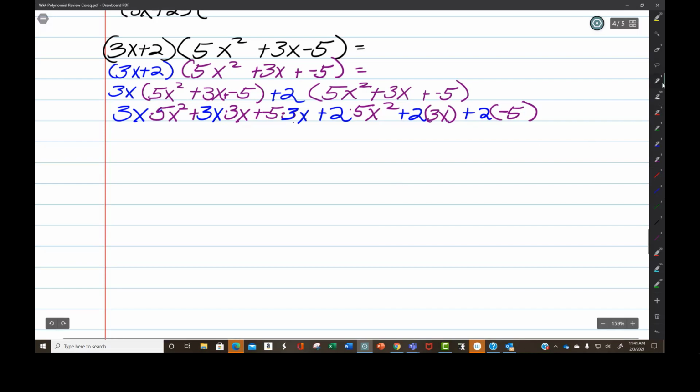Okay. Now, 3 times 5 is 15. x to the 1 times x to the 2 is x to the 3. And here's a rule that you've learned but long ago. x to the 1 times x to the 2 equals x to the 1 plus 2, which is x to the 3.